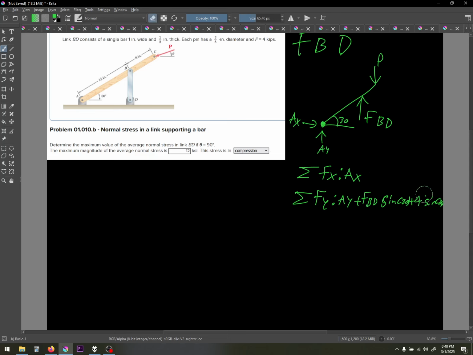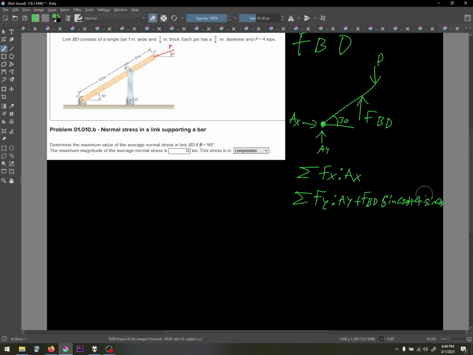minus, let's see, it's 18. Their distance cross our force, which is going to be, let's see, this would be counterclockwise.